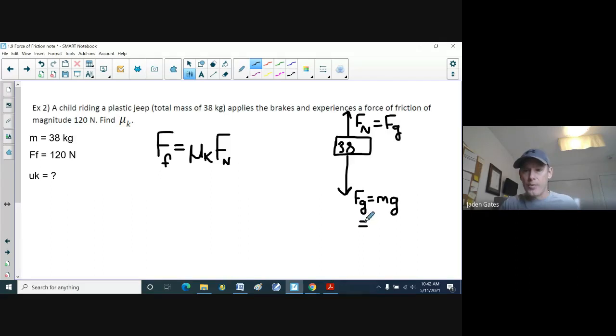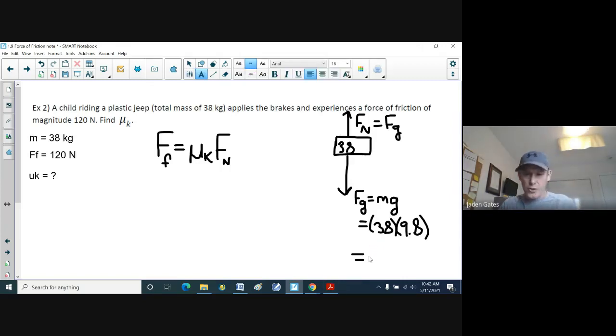So I'm going to do the same thing I did last time, where I take my mass, which is 38 kilograms, and I multiply it by my g value, which is 9.8. I multiply those two together, and I get 372.4 newtons.